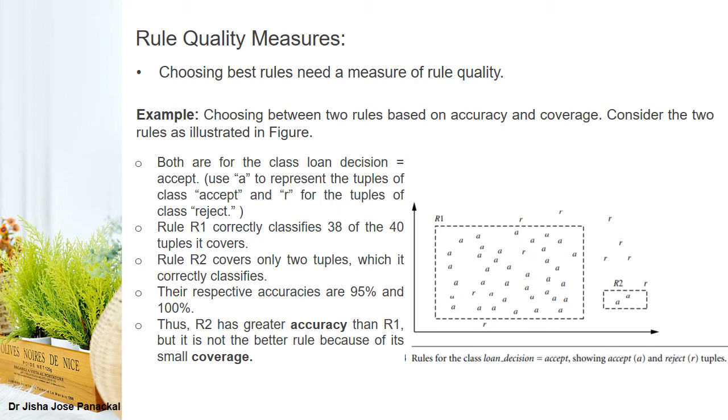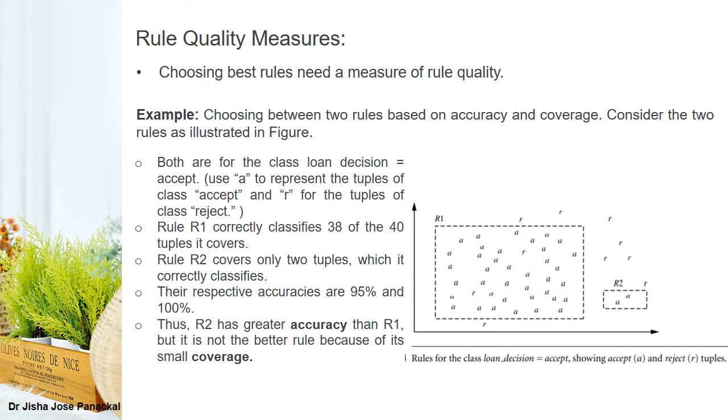Rule R1 correctly classifies 38 of the 40 tuples it covers. Actually, rule R1 covers 40 tuples in total, and among those 38 tuples are correctly classified. Rule R2 covers only 2 tuples, which it correctly classifies, so all its tuples are correctly classified.